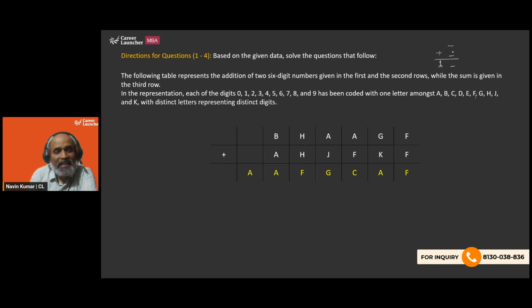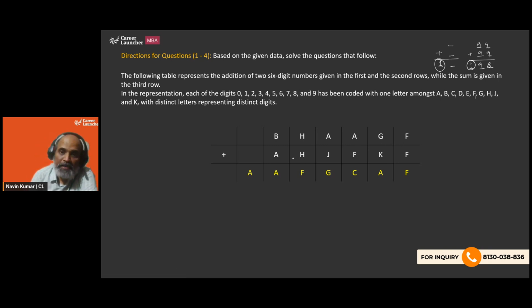Even if we take 9 and 9, 9 plus 9 is going to be 18, so this cannot be 2 ever. If we take two-digit numbers and add them to get a three-digit number, in the worst possible scenario, even if I take 99 and 99, it's going to be 198. So the leftmost digit is going to be 1.